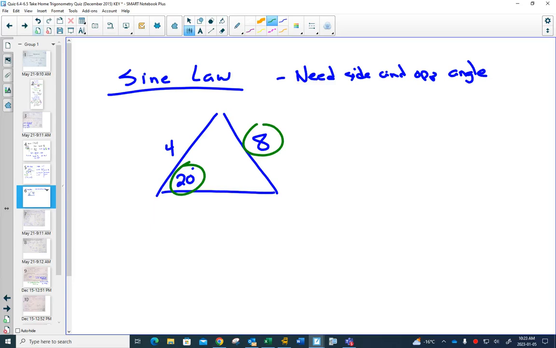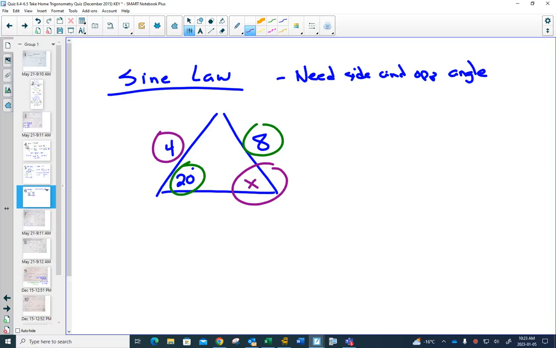If that's the case, then you can always solve for things that are opposite. So for example, I know this 4. The only thing I could solve for on this triangle at this point is that angle x, because it's connected with the 4. Opposite angles and sides always go together.